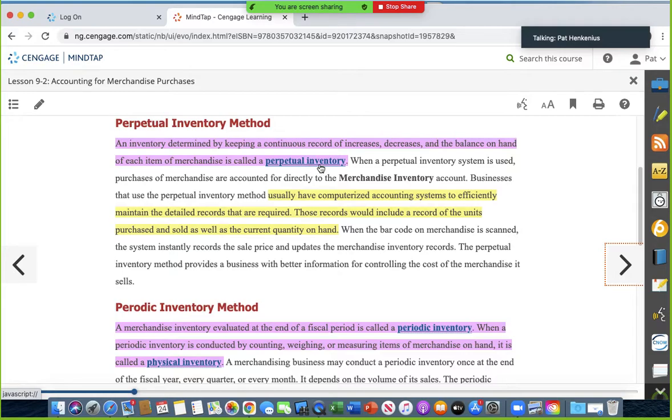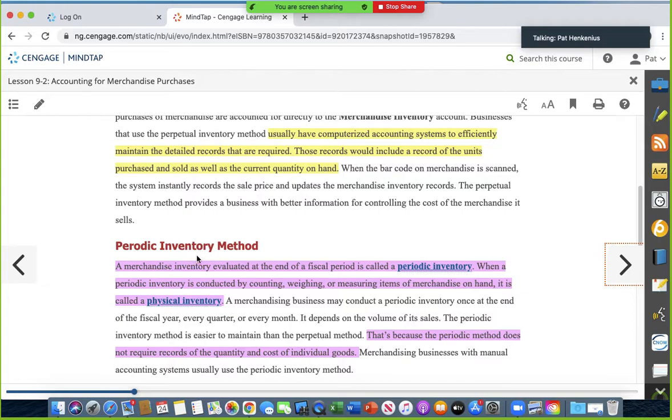Now, if you're just a mom and pop shop and you don't want to invest in a computerized system and a scanner, and you'd rather just sell things and keep track of it by counting, ordering, putting it on the shelf, counting it, ordering more, that would be what's called a periodic inventory, where the merchandise is evaluated at the end of each fiscal period or order period, and you constantly are counting and throwing stuff away.